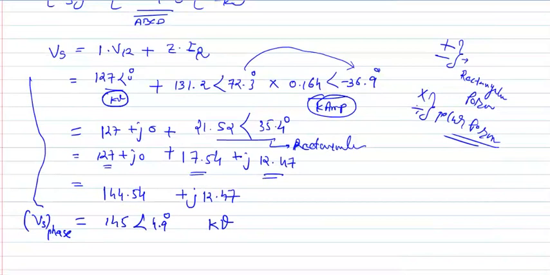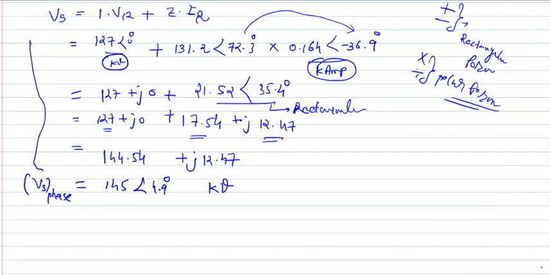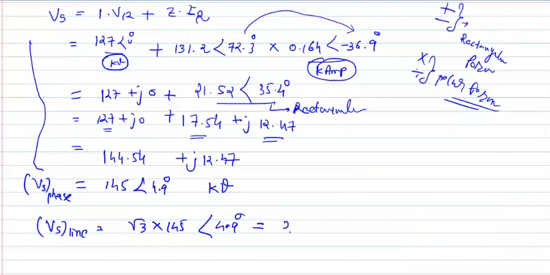Now what we need is the answer in line value. So for Vs in line value, you just multiply root 3 with the magnitude 145 at an angle of 4.9. So the answer is 251.2 at an angle of 4.9 kilovolt, right?